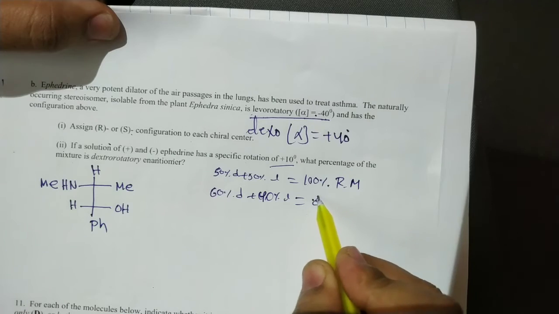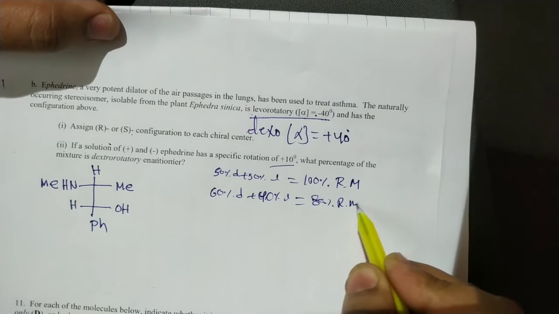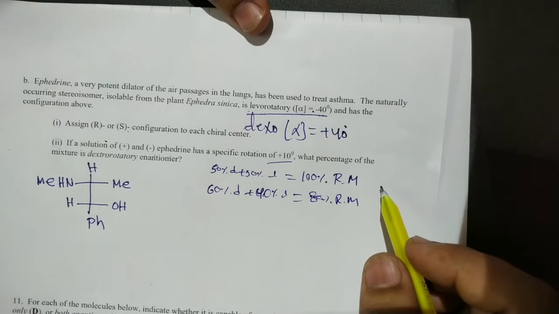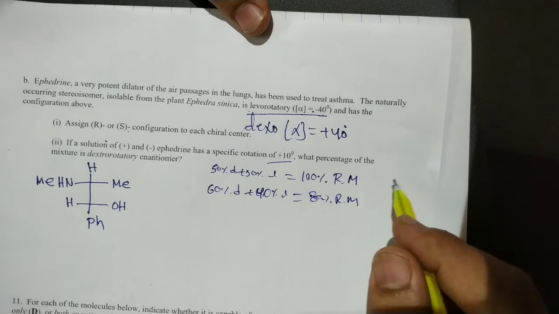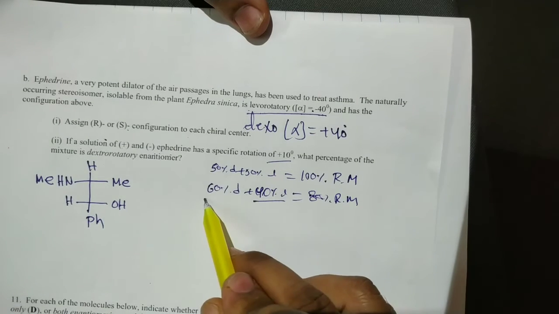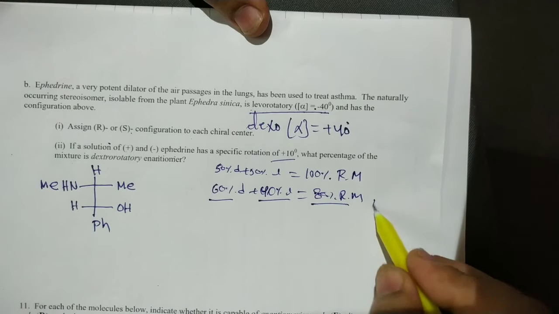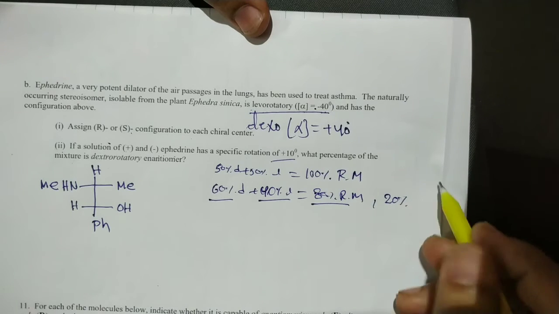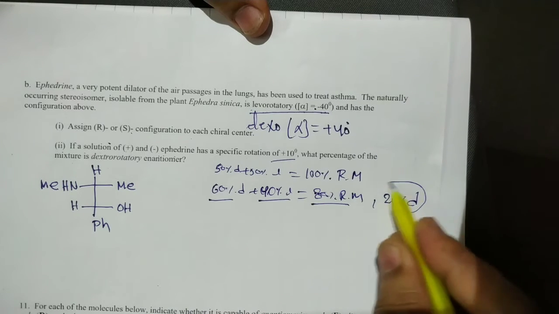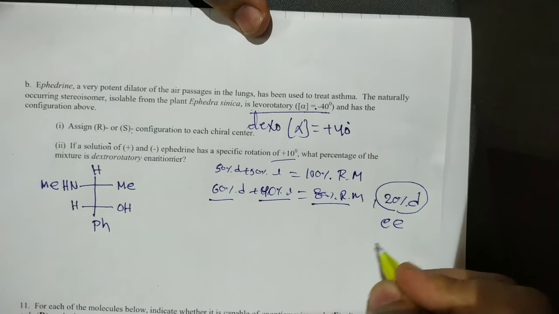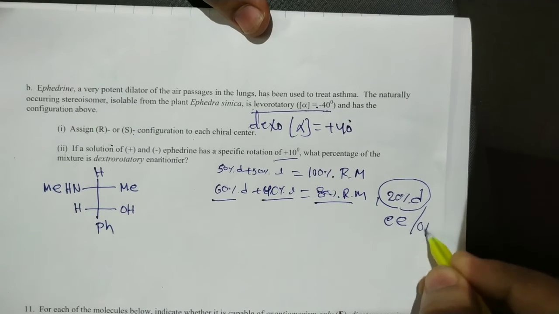In this case 80 percent is the racemic mixture. The racemic mixture is equal amounts of the dextro isomer and levo isomer. Here 40 percent levo, 40 percent dextro, so 80 percent racemic mixture. That means the remaining 20 percent is dextro isomer. It is nothing but the enantiomeric excess or optical purity.